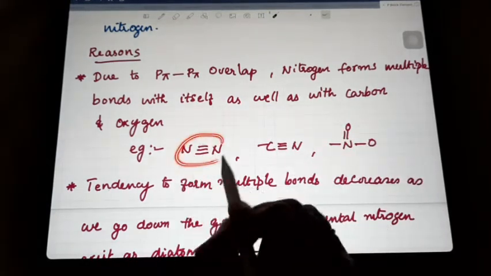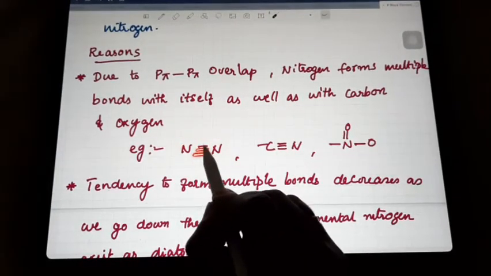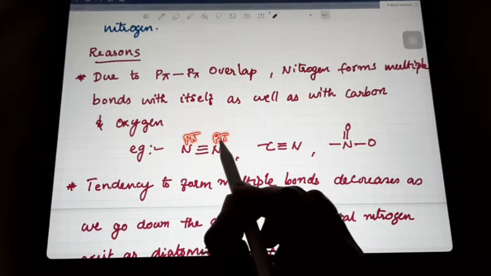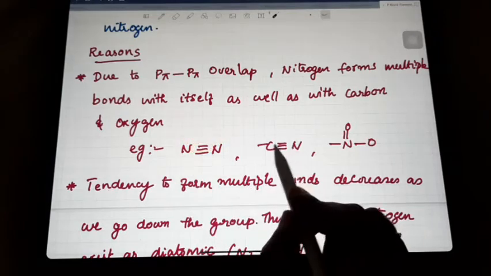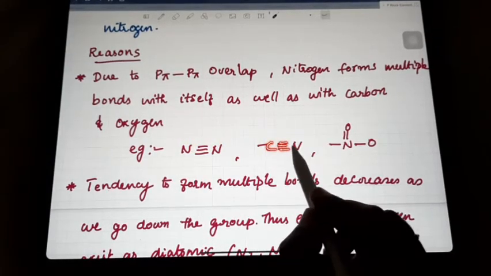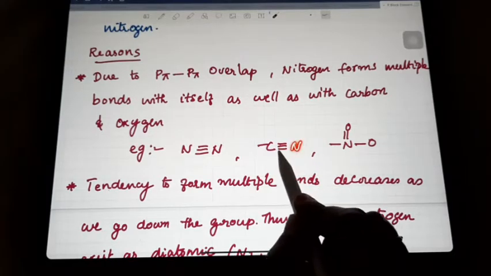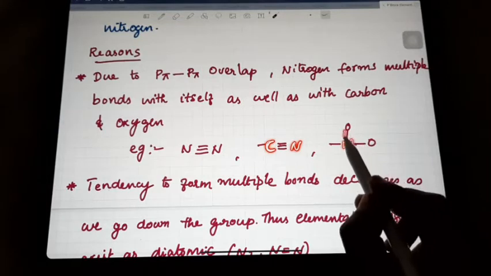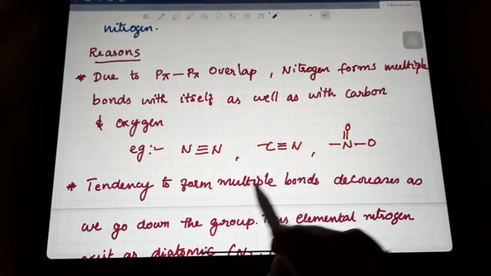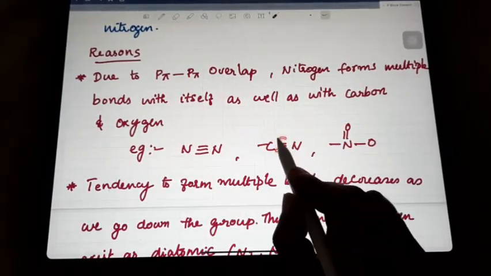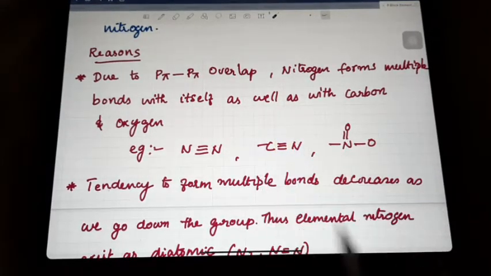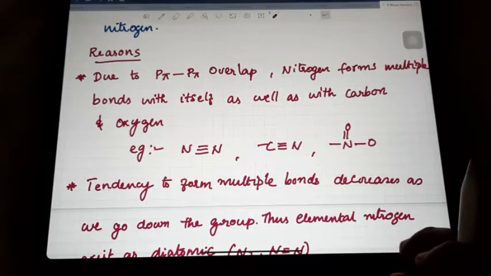Here you can see this is N2, and this is the single bond, the other two are pi bonds. So p-pi multiple bonding is there in the case of nitrogen. And in CN, the cyanide, there is a triple bond, so nitrogen forms multiple bonds with carbon also. Here with oxygen there is a double bond. One is a single bond, the other is a pi bond. So p-pi bonding is possible in the case of nitrogen.